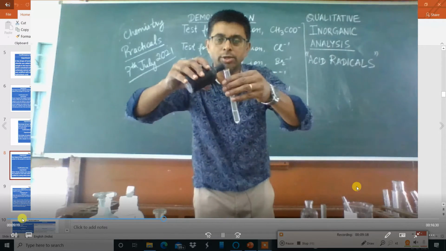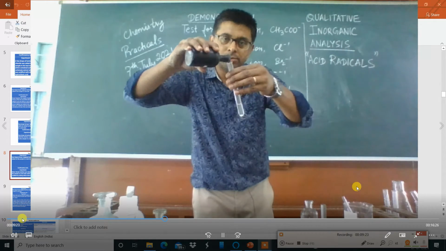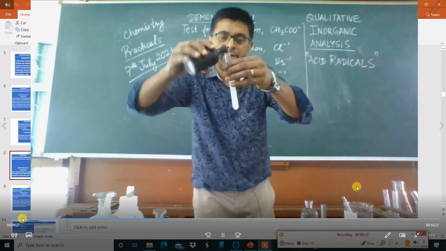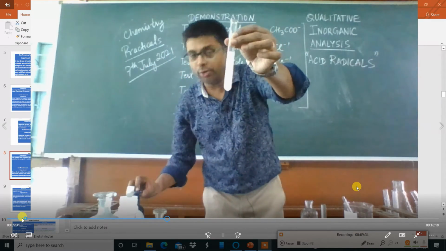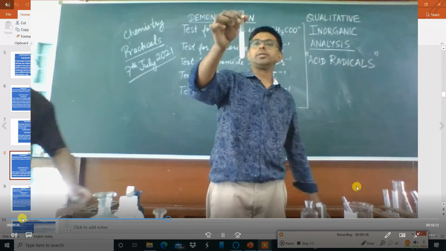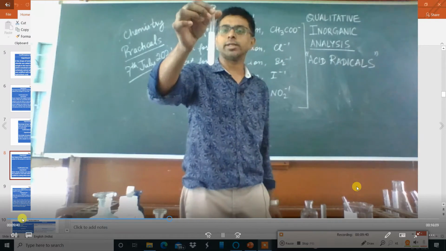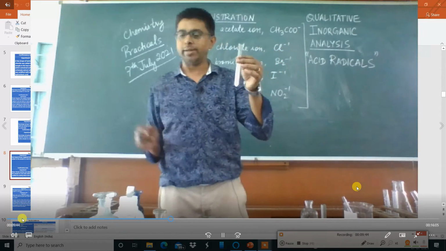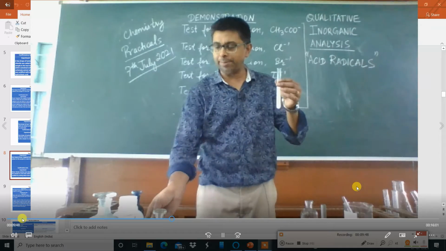Then I am adding silver nitrate solution to the sample solution of chloride. So there is a formation of a curdy white precipitate, which is supposed to be insoluble in dilute nitric acid, but soluble in dilute ammonium hydroxide solution. So I tested by using dilute nitric acid.